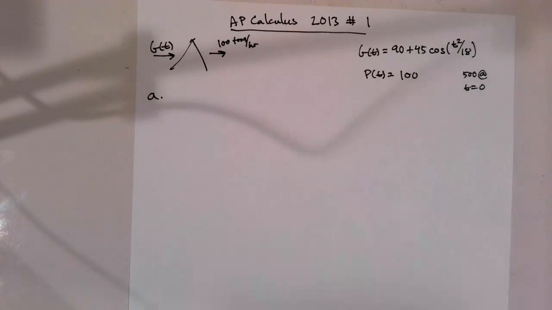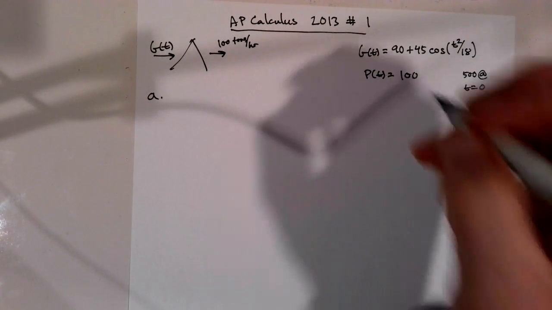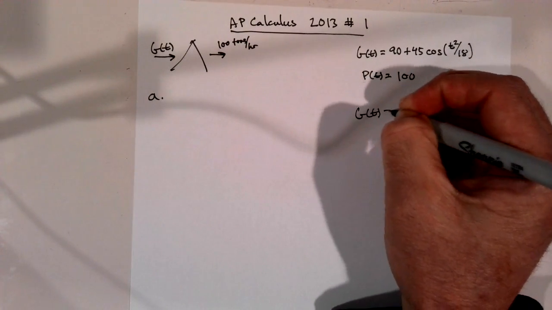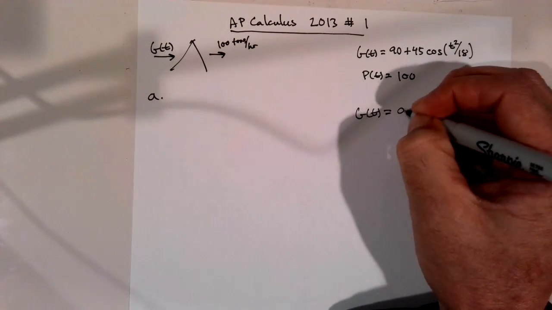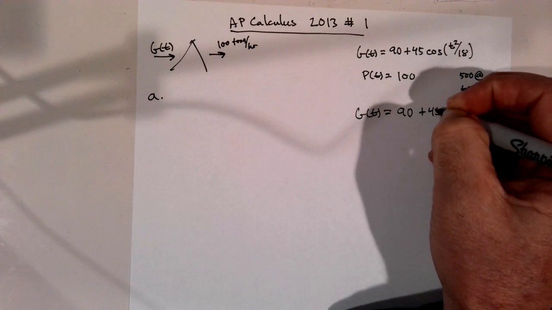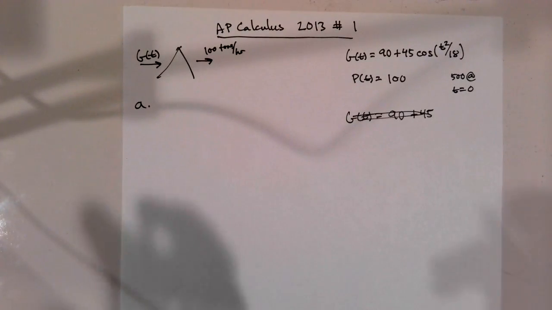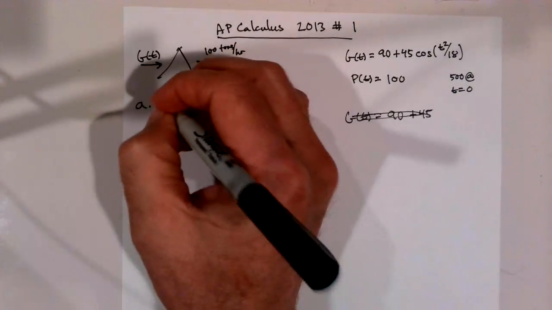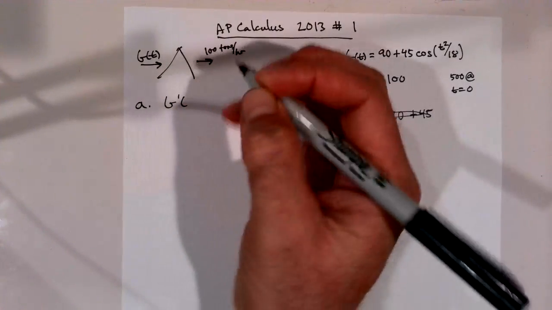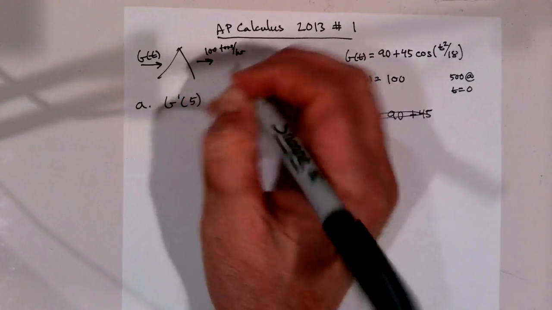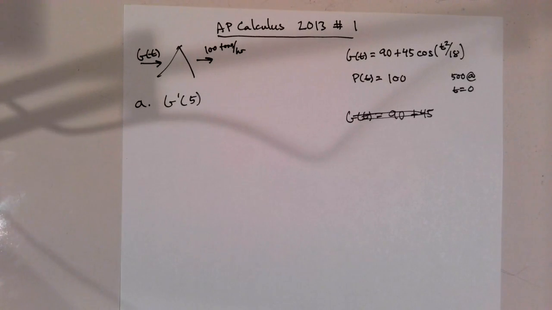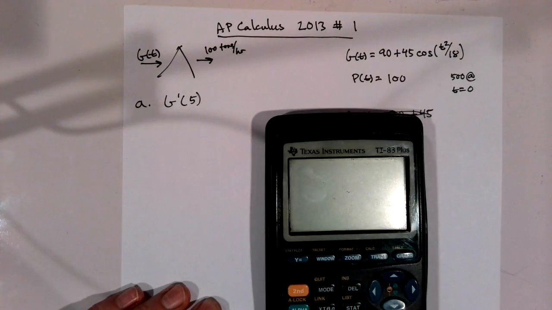Now, it says that G of T is equal to 90 plus 45 cosine of T squared over 18. There it is. G of T is that guy right there. Question A says find G prime of 5. If I want to find G prime of 5, this is definitely a calculator problem.